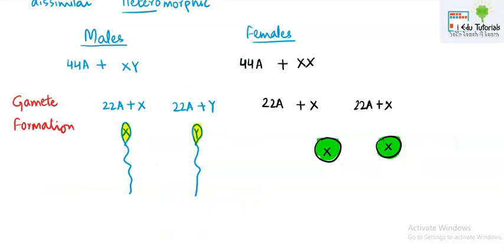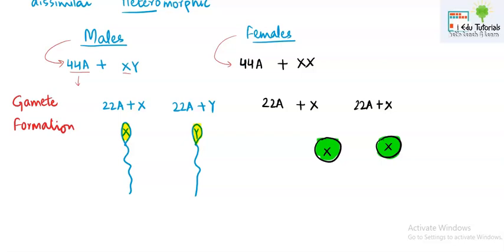Now let's understand how exactly sex determination is happening. In males you have understood this is the case, 44 autosomes plus XY. In females, 44 autosomes and sex chromosomes XX. So when the gametes are going to form, some gametes will be there with the X chromosome, because these 44 autosomes will get halved by meiosis, meaning 22, and out of X and Y, one will go into the gamete.